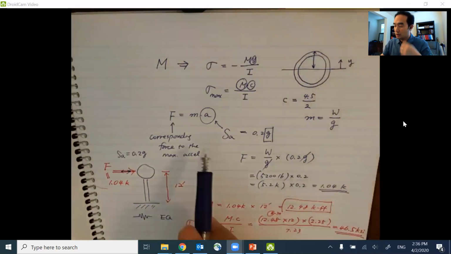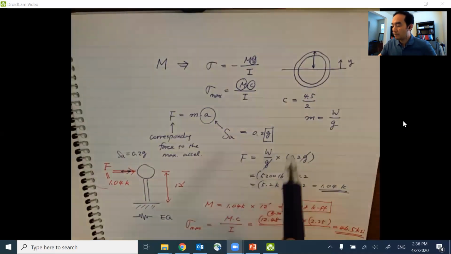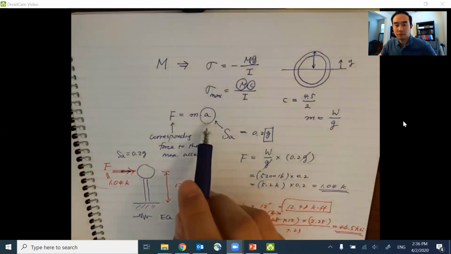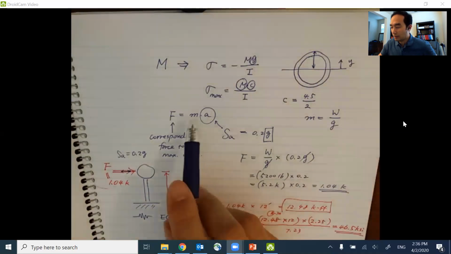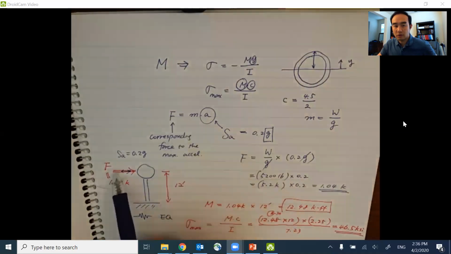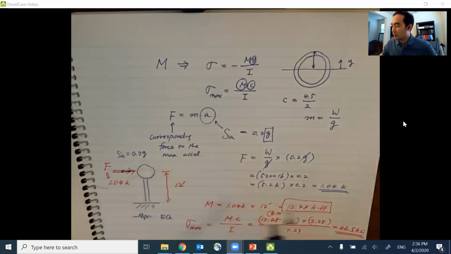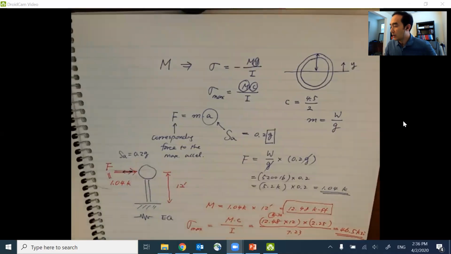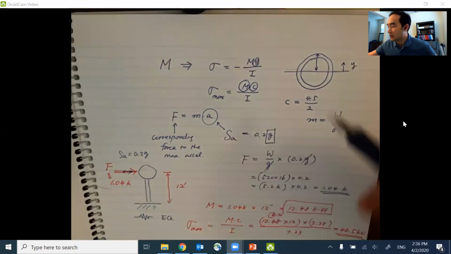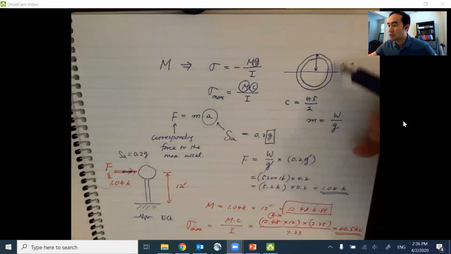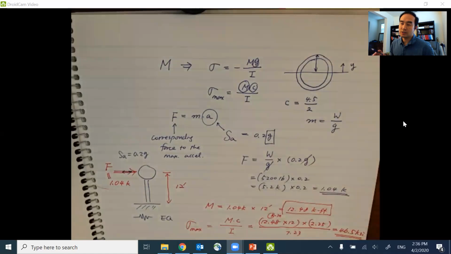So we can figure out the spectral acceleration from the response spectrum multiplied by the mass. That's going to be the inertia force at this level. Force times distance will come up with the bending moment. Using that moment, we got 46.5 ksi, which was the maximum stress at the outer surface of this steel pipe. So that was example 6.2.